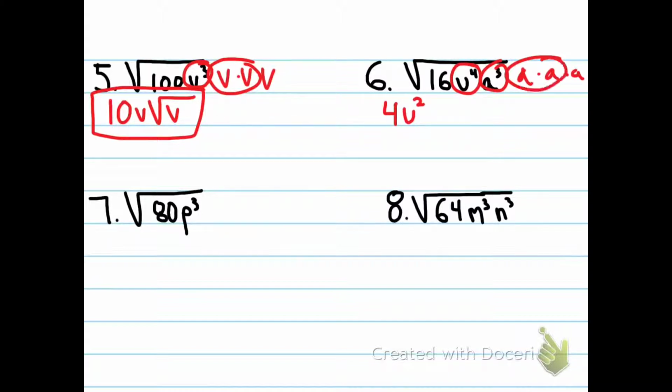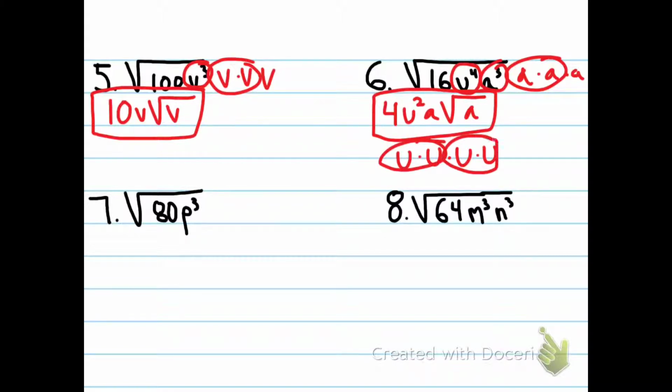So we have one pair. So it's a, and then we have one a left on the inside. So it's 4u squared a root a. The reason why u is squared is because if you wrote it out, there are going to be 2 pairs of u's. So here's one pair and then here's the other.